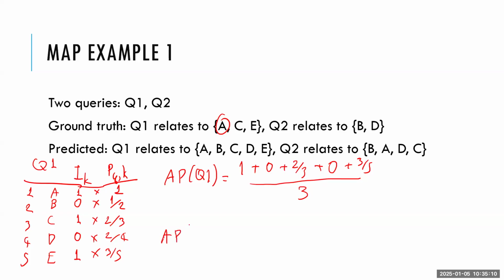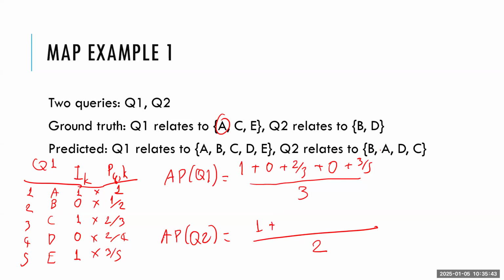What is AP for Q2? Well, the bottom would be 2, right? There are 2 relevant documents. So what is the first term? It's 1, because B is relevant.